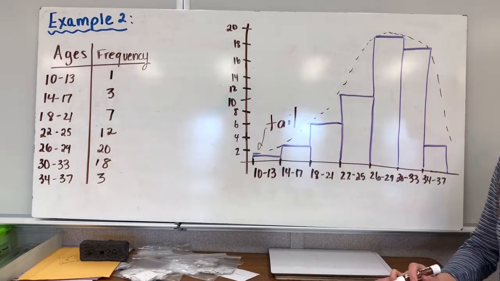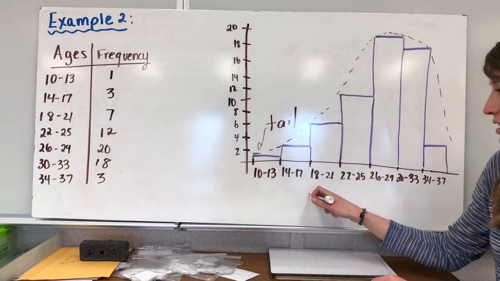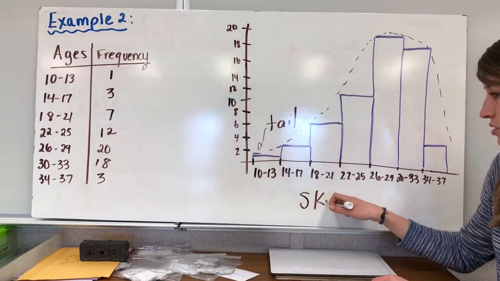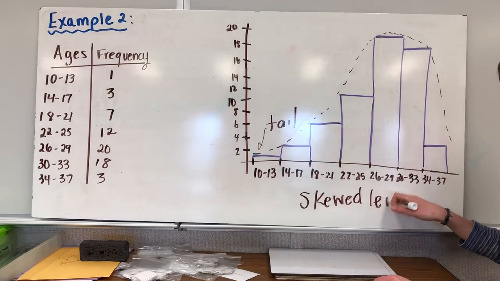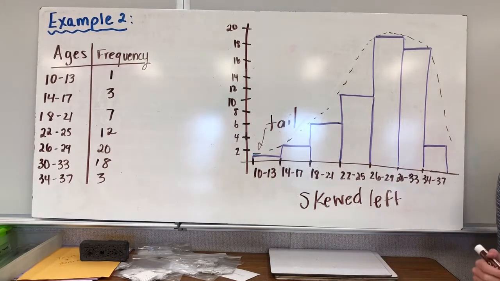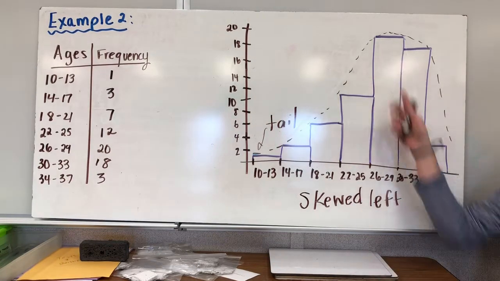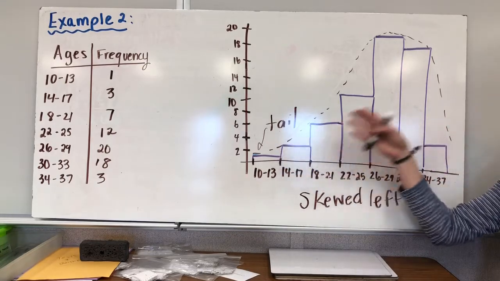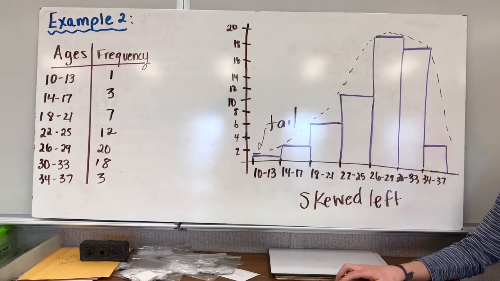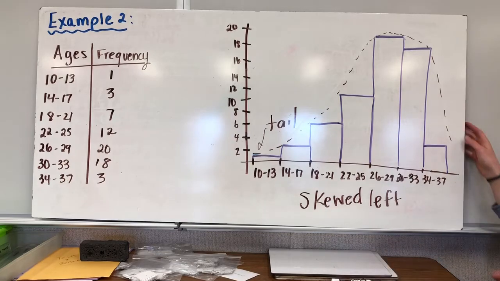Since my tail is being pulled to the left, I can say that this distribution is skewed left. It's not symmetric because, first off, the middle point is pretty far to the right, and also I don't see any mirroring happen. Let's try the last example.